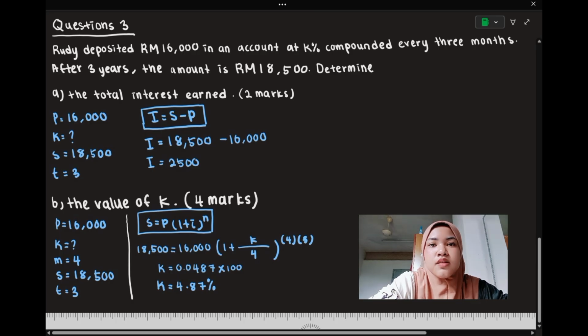We calculate, then we get K equals 0.0487. Then we multiply by 100, and we get K equals 4.87%.